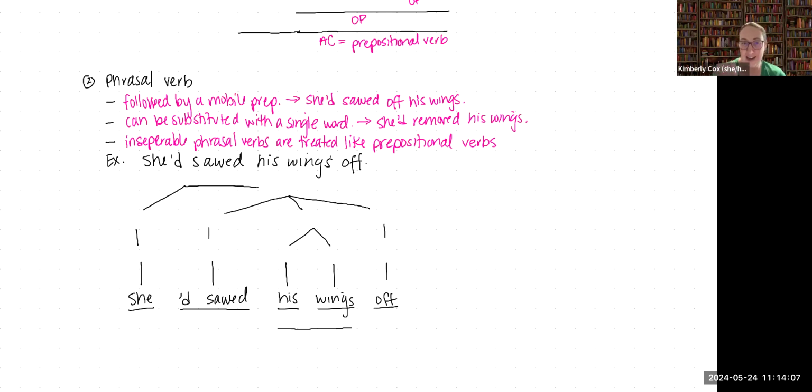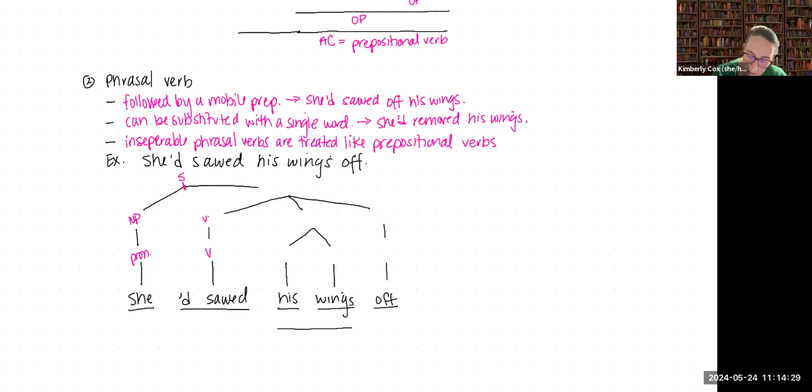So let's go ahead then and explore how we might diagram it. So we have our S for our sentence, which is going to kind of indicate where our subject and predicate split. She is a pronoun. It's going to be our noun phrase, right? Apostrophe D for had, sawed. So together, they're going to be our verb and verb phrase.